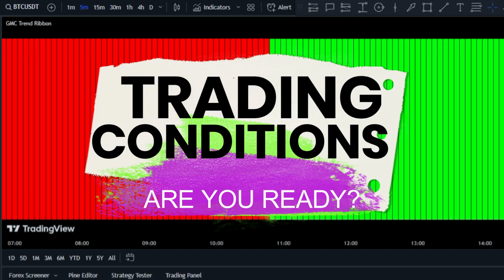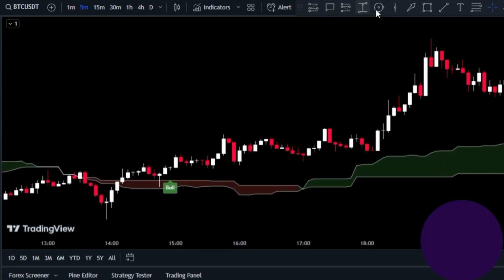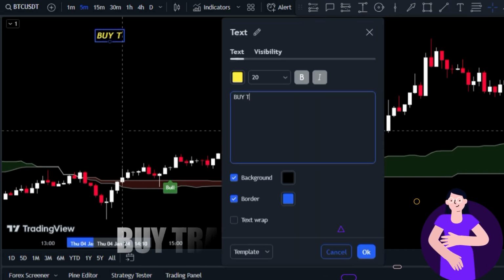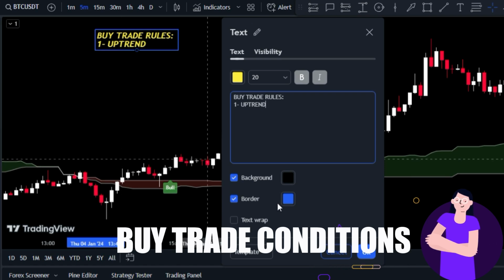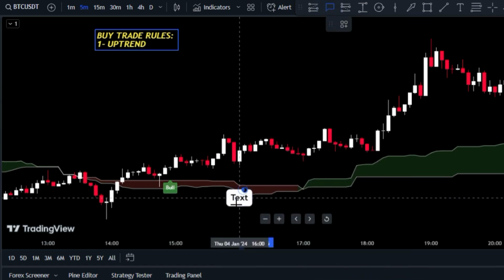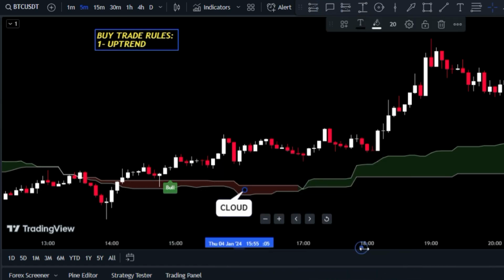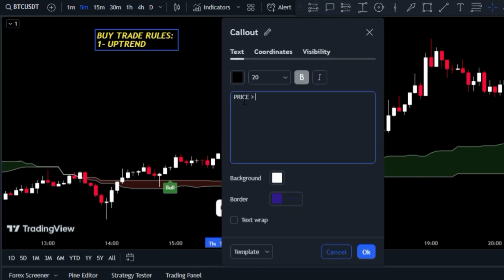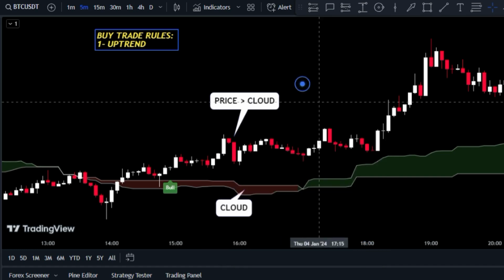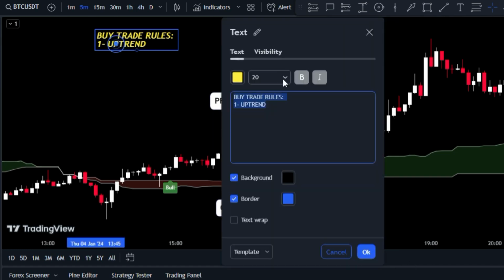Now let's talk about rules for entering the trade. For a buy trade, first ensure the market is trending upward. Then look for a bull signal from the Ichimoku Cloud.